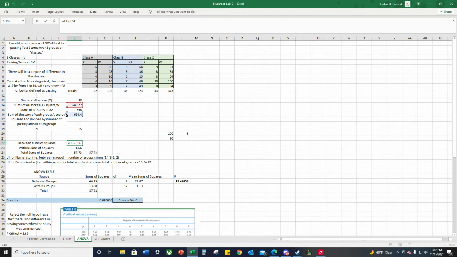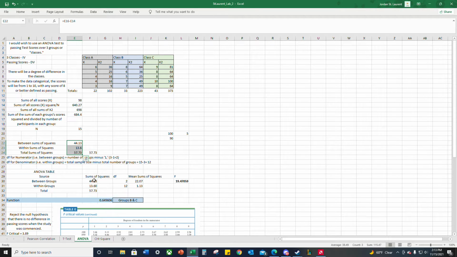Following this, it is taking the individual from the sum of all scores, the sum of all sums squared from individual scores, and then the sum of all sums from the sum of all scores, and we get these values here, which are the values that we will be using in our ANOVA table.